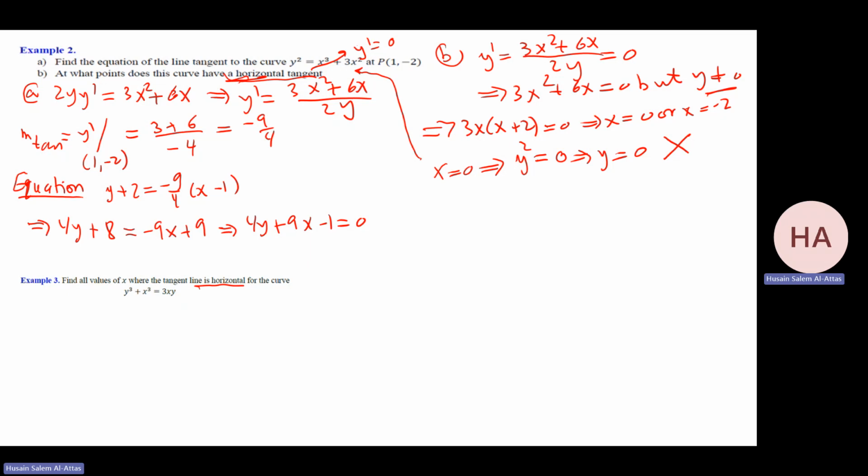I have a problem here with the slope. Second one, x equal minus 2. Plug it into the equation. I have y square equal minus 8 plus 12, which is what, 4. So that means y equal plus or minus 2. So we have 2 points.